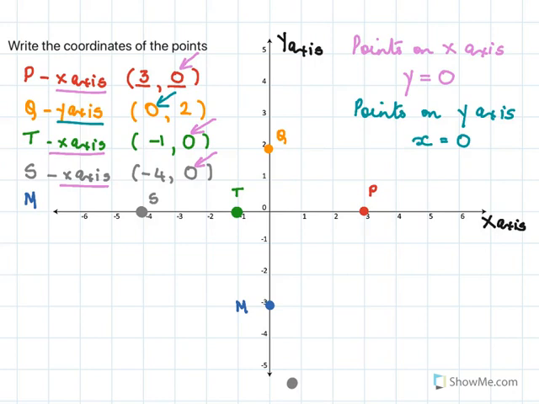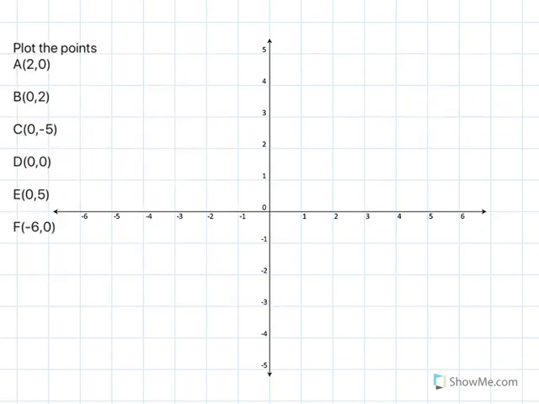Let's go ahead and write the coordinates of M. Now M, we know, lies on the y-axis, and because it lies on the y-axis, its x will be 0. So x is 0 and y is -3. Plot the points. A, 2, 0.